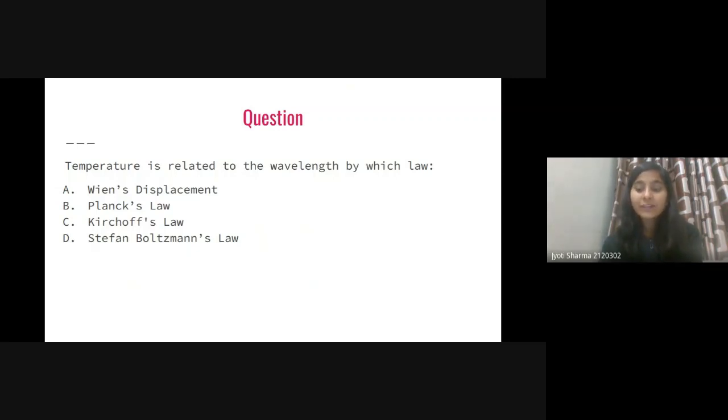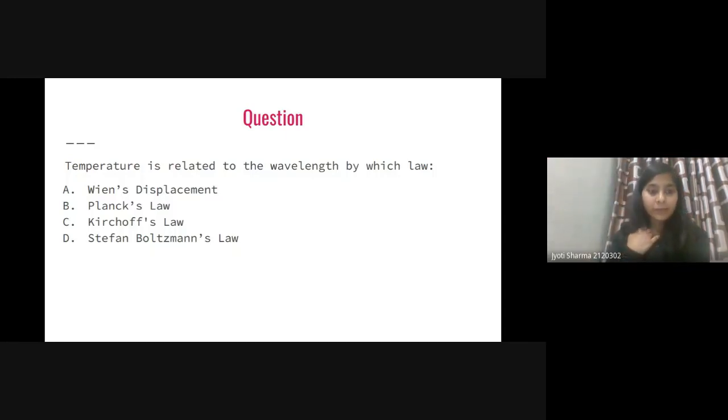As I told you, when the wavelength is shorter, the energy is higher. When the wavelength is longer, the energy is lower. And there is also a relation between wavelength and temperature. So what kind of law?